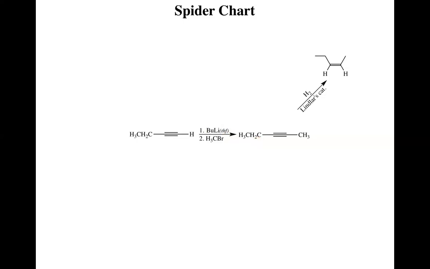And now I'm going to do the spider chart based on these. So H2 with Lindlar's catalyst could work on this one or this one, either way, but it adds H2 in a cis fashion. When I forget to put the poison in there, it's going to completely take it down to the alkane.